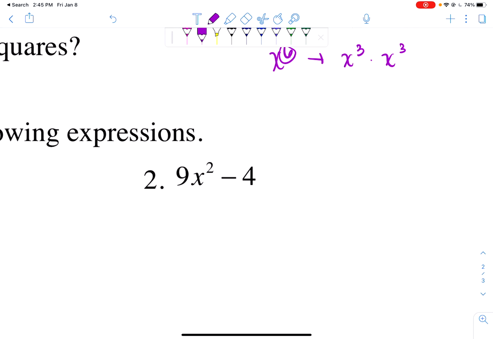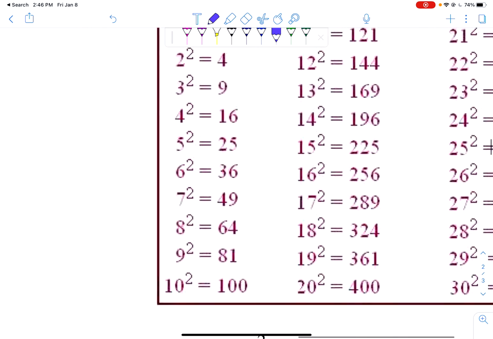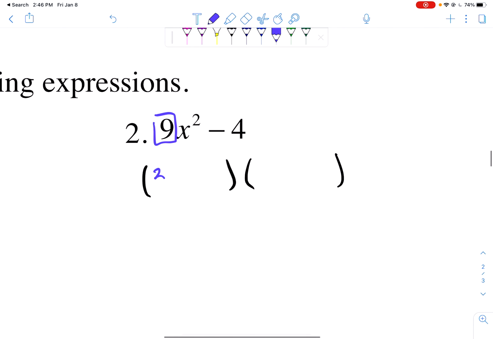Let's go on to number 2, 9x squared minus 4. So we go ahead. We've got 2 terms and a minus, and everything is a perfect square. So I do 2 sets of parentheses right now, and I look at each term as I use it. Look at your 9. What makes 9? 3 and 3. So I'm going to put a 3 and a 3 in both sets of parentheses.